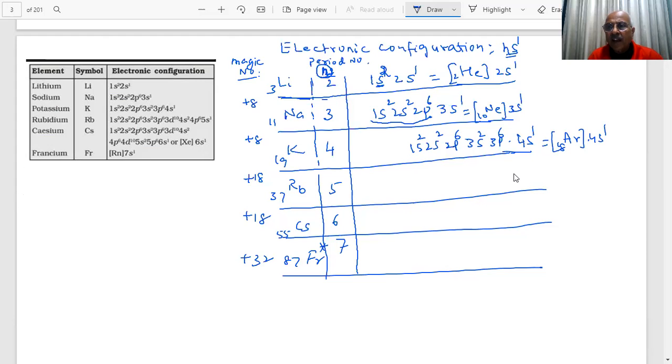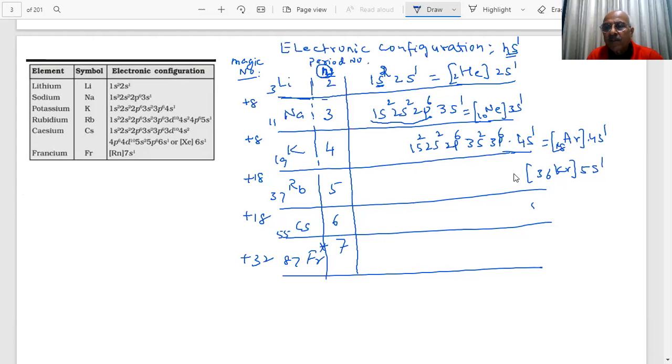So similarly, I can write for all, students. 2, 10, 18. This is 18. Then you have next one 36: helium, neon, argon, krypton, students. And then what will it be? 5s1, add 18.